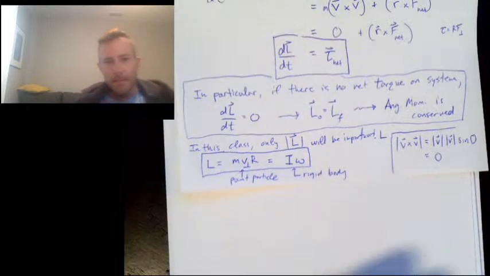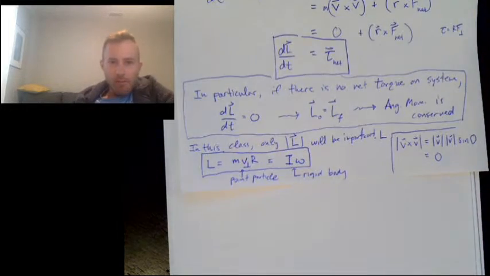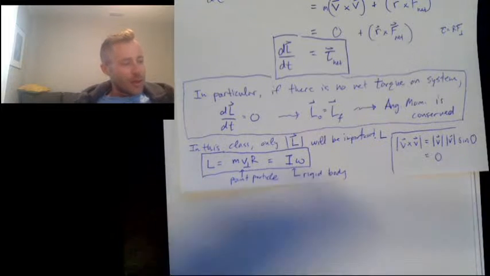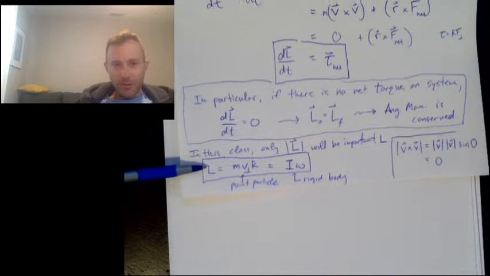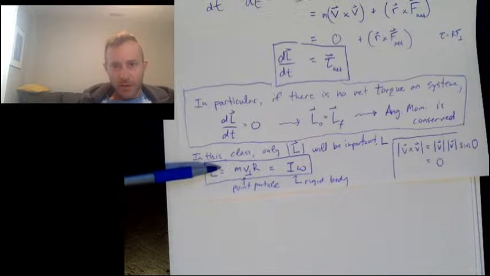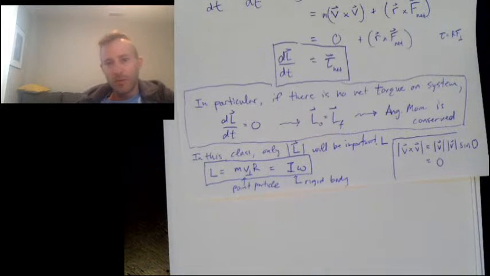All right. So I will pause for a second for you to write that down. These are actually the equations that we're going to use the most. These two equations for angular momentum.